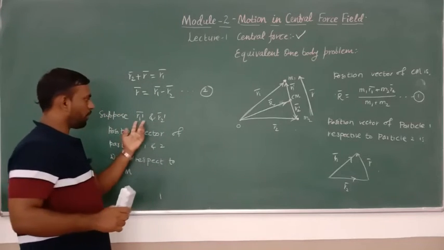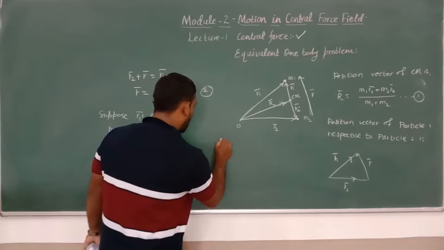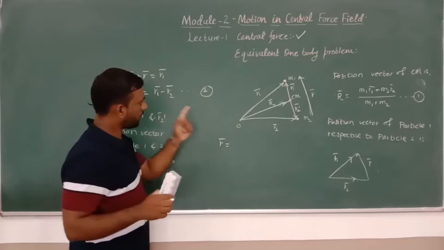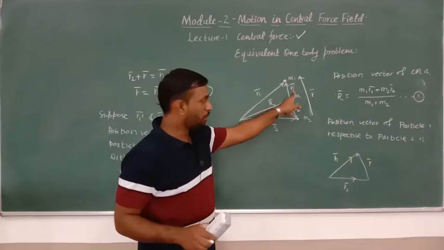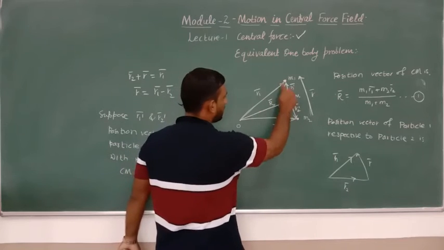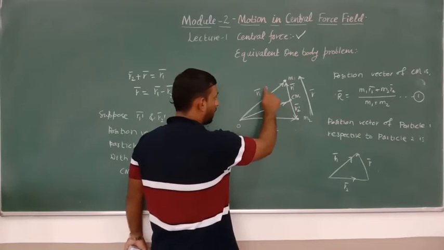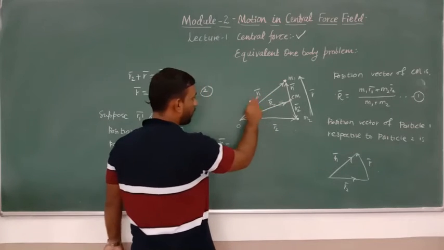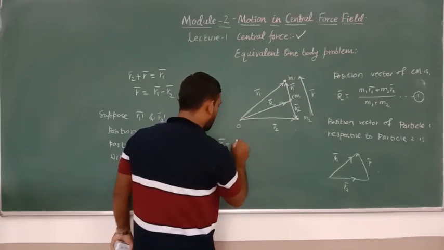Okay, so again, how to write this equation 2? If you have r1 bar and r2 bar, then r bar is equal to, instead of r1 bar, r1 prime bar. From vector calculus, in this triangle, r bar plus r1 prime bar is equal to r1 bar. So instead of r1 bar, I just write r bar plus r1 prime bar.